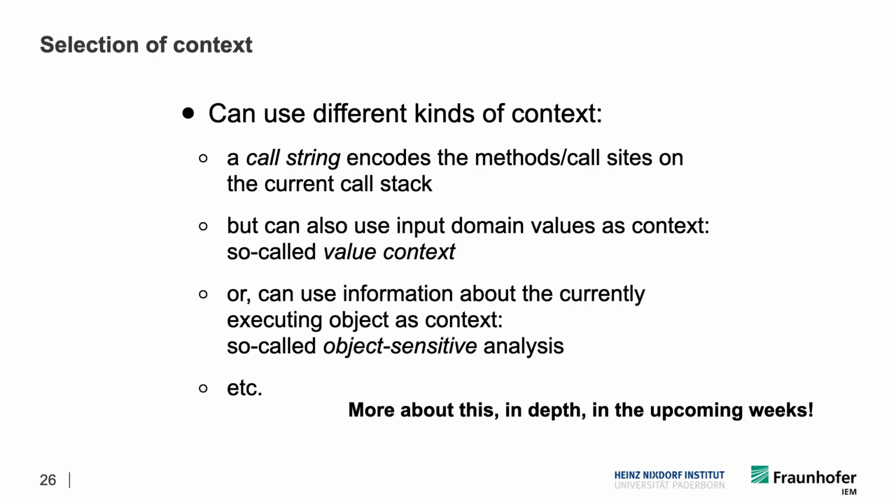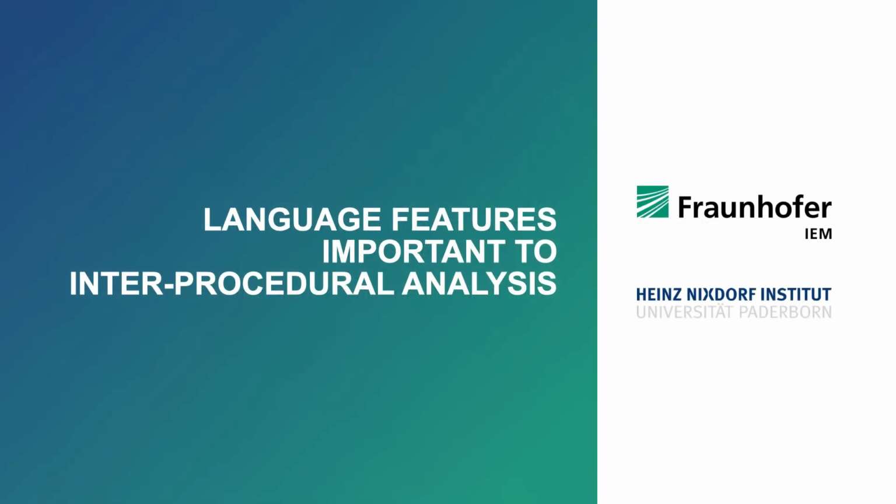There are different algorithms that are better implemented in some of these frameworks rather than in others. And I think for you it's important to understand what that relationship is. Before I get there, this week I want to talk more about important language features that have some importance to interprocedural static analysis, and I'll be explaining that to you in the next video.